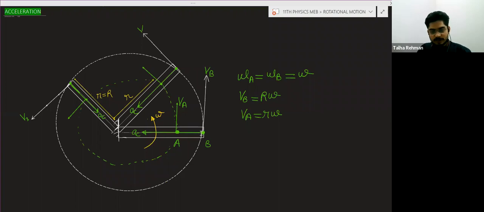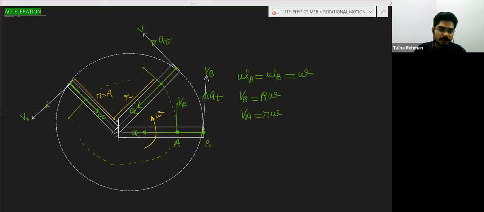Now see this particle. Here will be the centripetal acceleration in this direction. And if there is a change in the magnitude of the velocity of this particle, then due to that there will be a tangential acceleration like this.